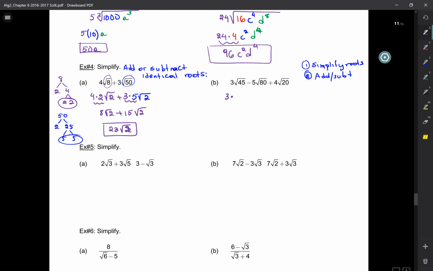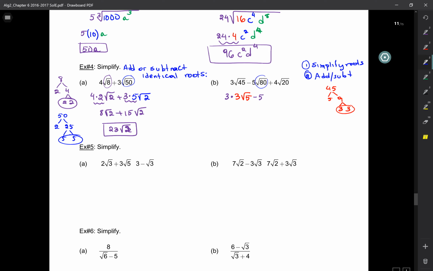3 times. Okay, I got to simplify the 45. It's 5 times 9, 3 times 3. Okay, 3 comes out, and 5 stays in. Minus 5 times.